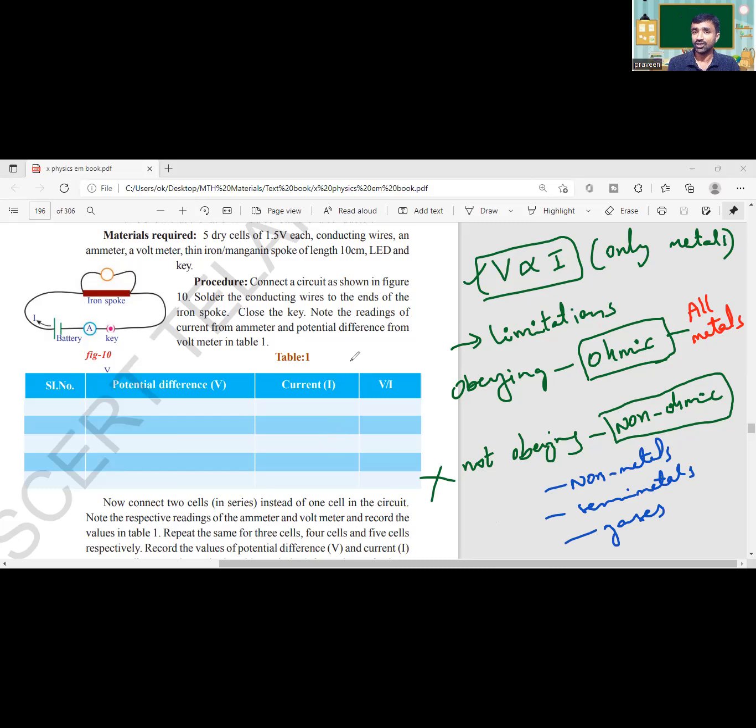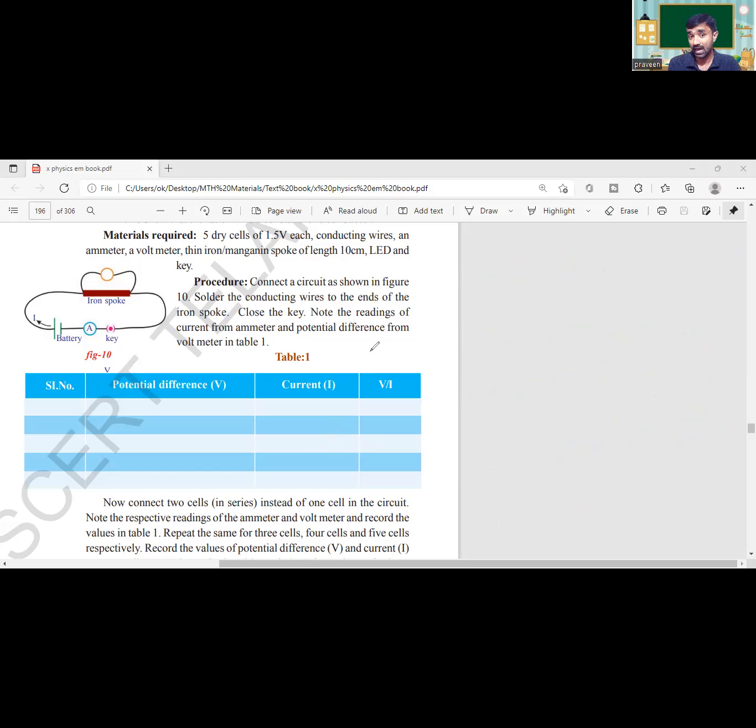Here you made observations using iron spoke as well as LED bulb, right? That you noticed already in your table. For V1, we are reading the current value as I1. For potential difference V2, reading the value as I2, V3, I3, V4, I4, V5, I5.